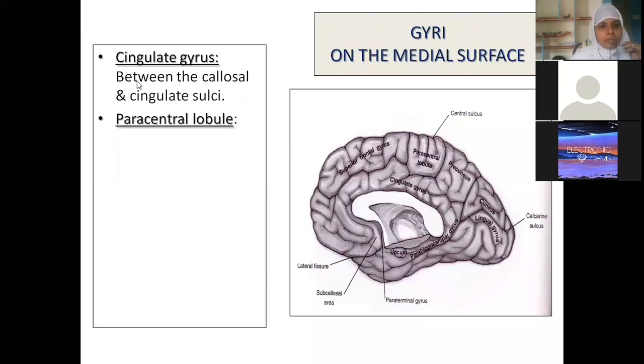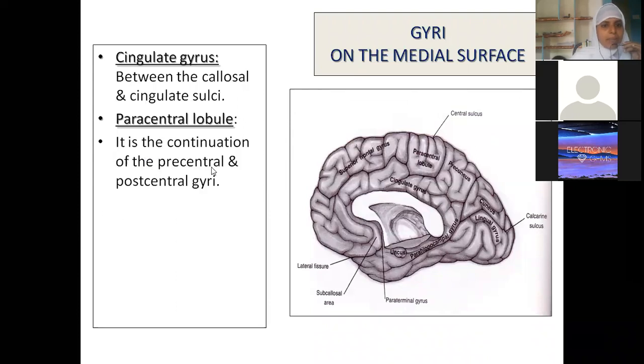Okay. So it's written now, see, the text comes: continuation of the precentral and the postcentral gyrae. What you see in the superolateral surface, the same is dipping on the medial side. And now on the medial surface, it's given a different name. You call it the paracentral lobule.